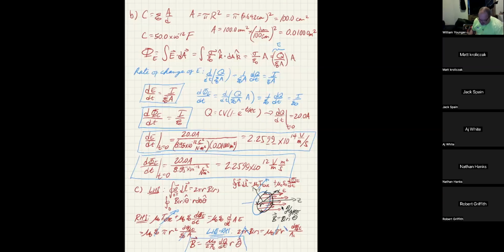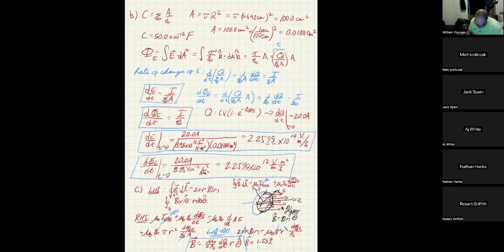Now, if I want to compute all that stuff, it's really not that bad. I can also, and I'll write it here, I've already done the math of it, and what you get is B is equal to 1.257, carrying one extra sig fig, times 10 to the negative... Now I'm trying to remember if I did this right.